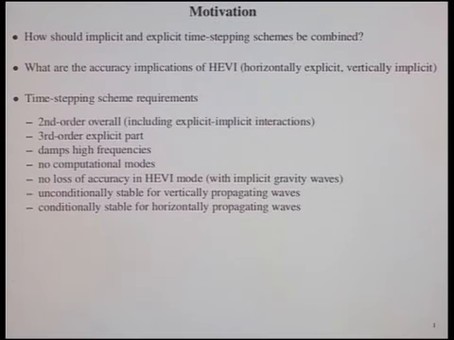So, motivation. All models of the atmosphere and ocean combine implicit and explicit time-stepping. But it's only quite recently that we've started looking in more detail at the theory of how they should be combined.